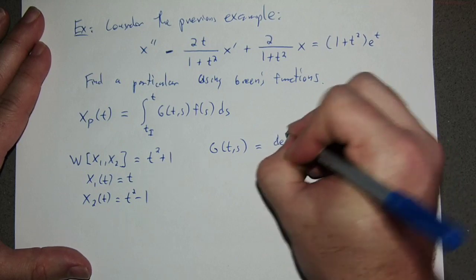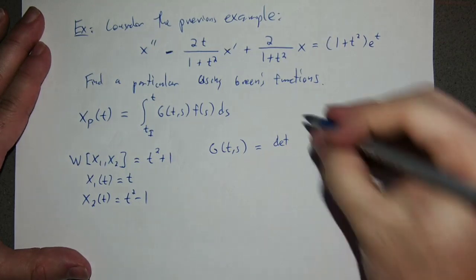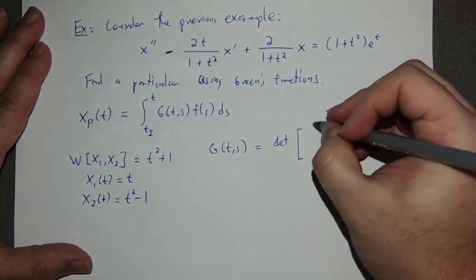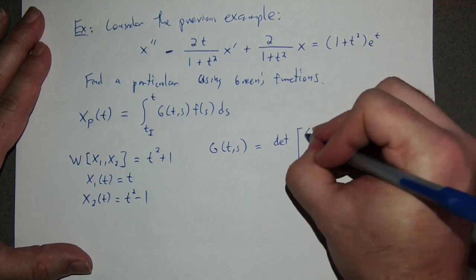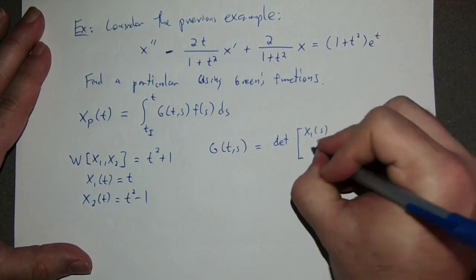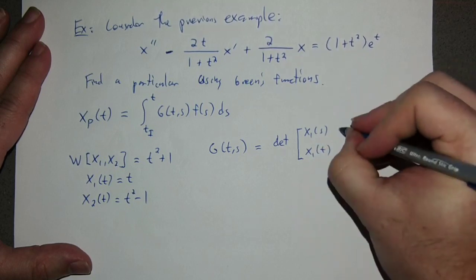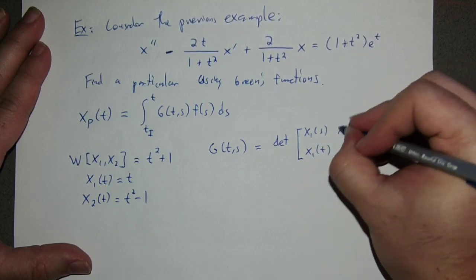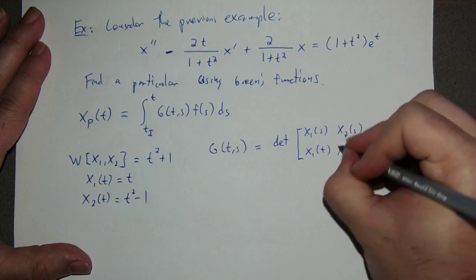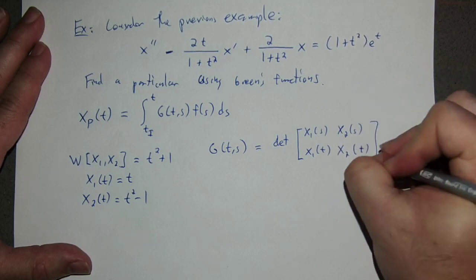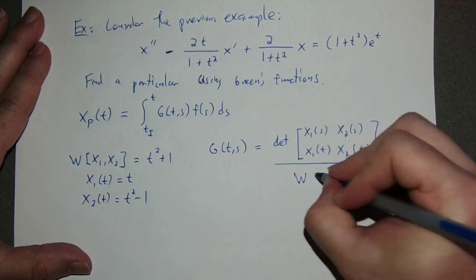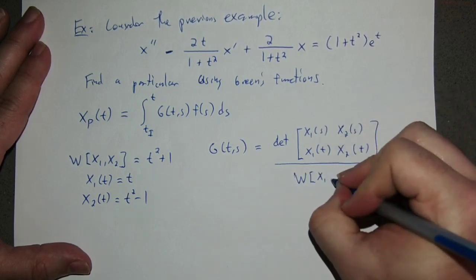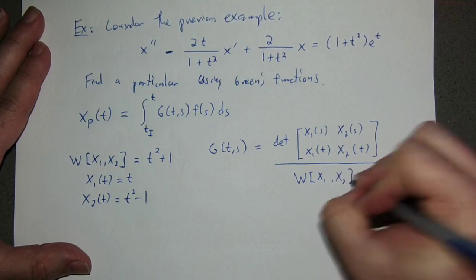And so my Green's function g of t,s is, if you like, it's probably easier to just remember, the determinant of, I have x sub 1 of s, x sub 1 of t. I'll write that out. And in the next column, I have x sub 2 of s and x sub 2 of t. And that's divided by the Wronskian with argument s, right?